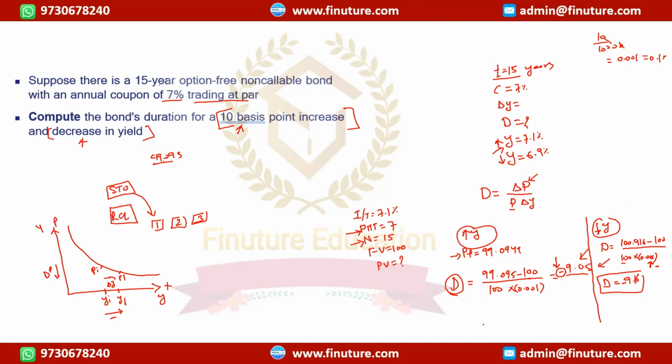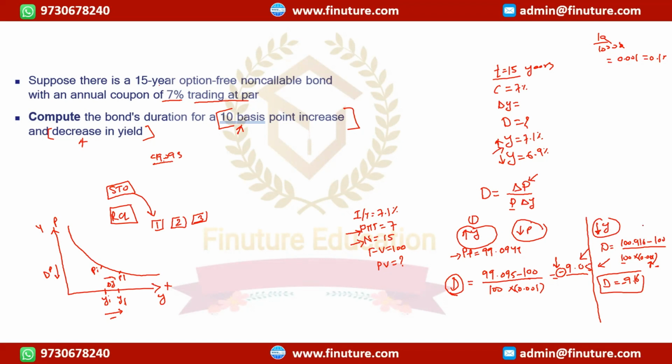So in the exam, I understand the first one, the duration going down, but not the second one. Okay, let me explain in a proper way. When your delta y is going up, your price goes down. So there is an inverse relation. Again, over here, an inverse relation.